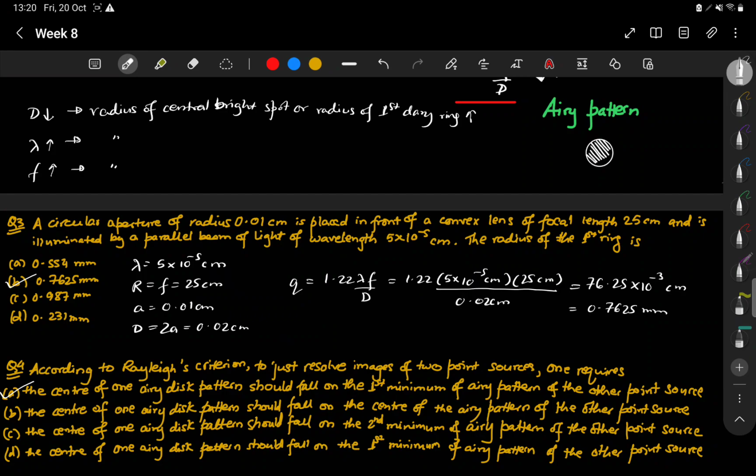There is one bright spot, then a dark ring, then a bright ring, then a dark ring again, and these rings become thinner and thinner as we move away from the center.